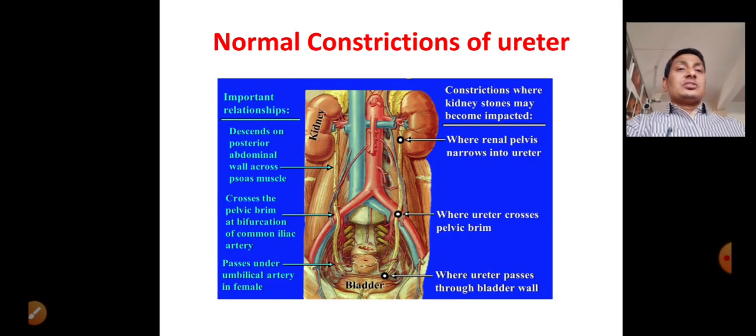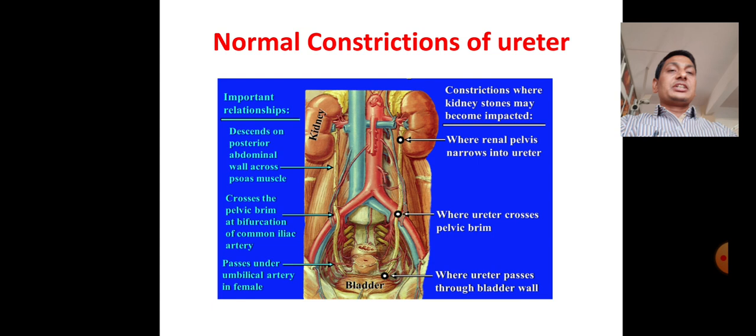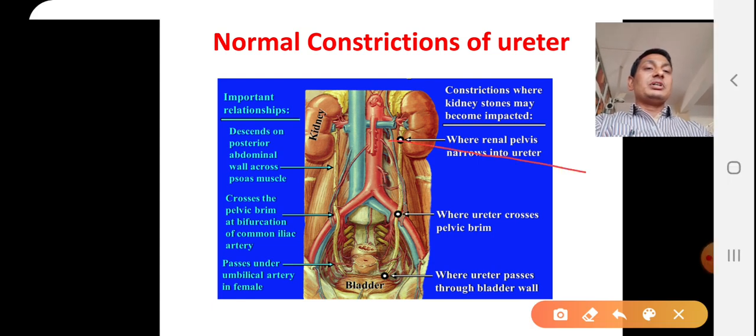Now, the normal constrictions of the ureter are: the first constriction is at the renal pelvis, where the renal pelvis ends and the ureter starts. The second constriction is where it crosses the common iliac artery.